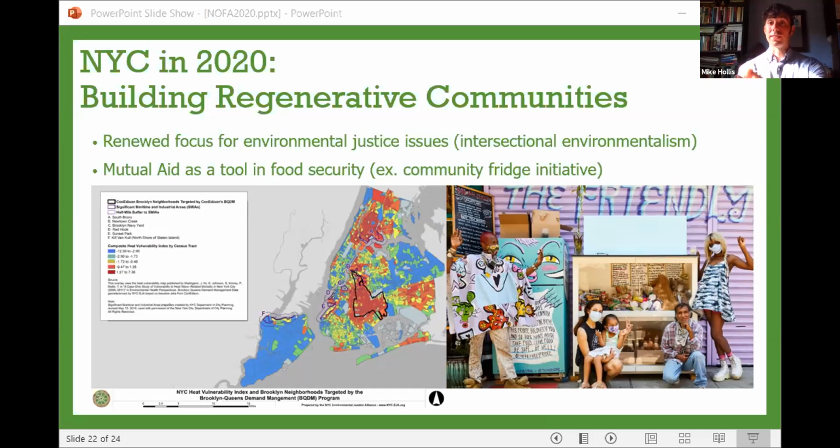And this isn't my photograph to the right, but I did want to highlight community fridges that are appearing in New York City and Oakland. This one is in Bushwick in Brooklyn, providing a point of distribution for free food to the local community outside of the traditional institutional systems like food pantries or soup kitchens and things like that.